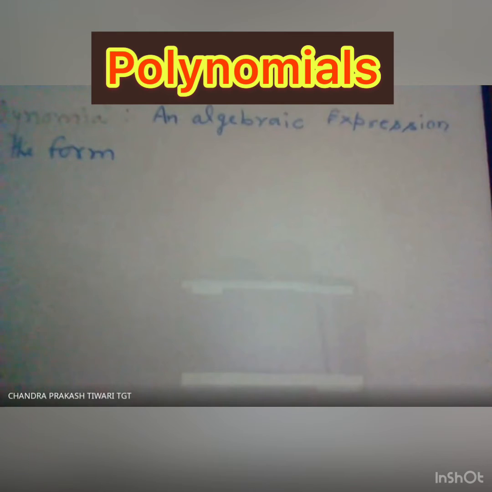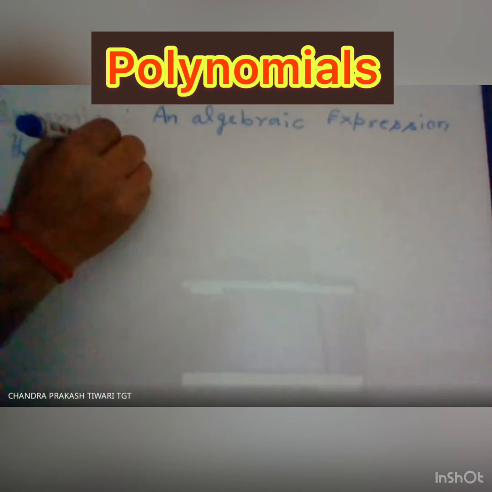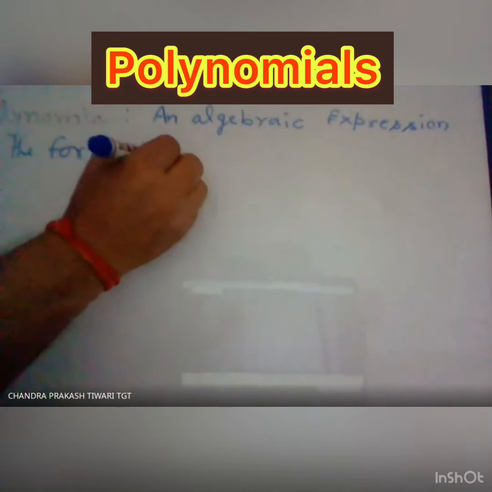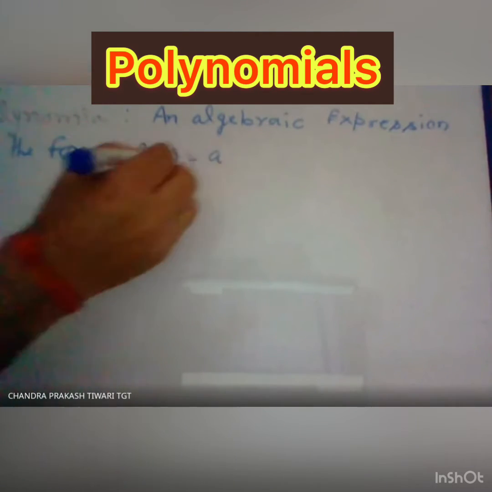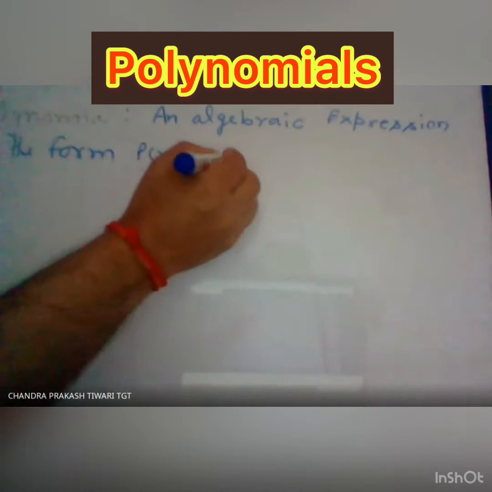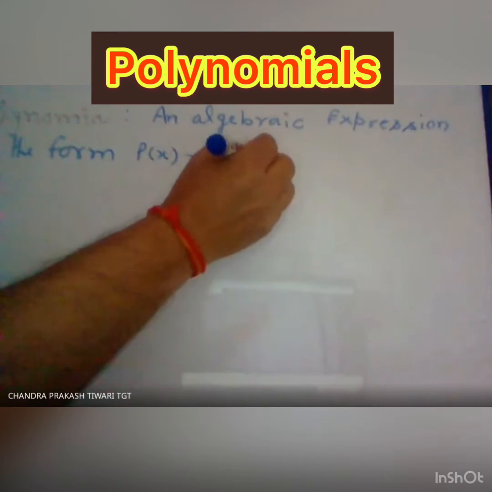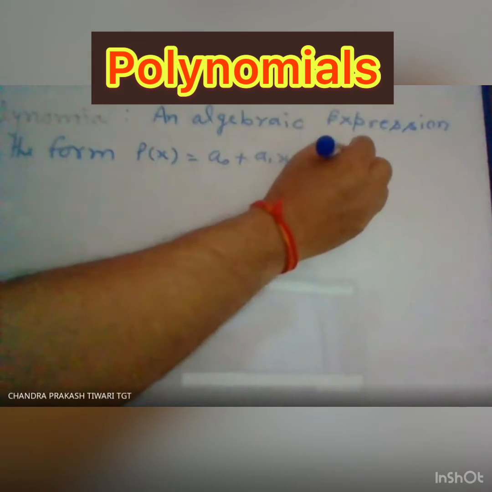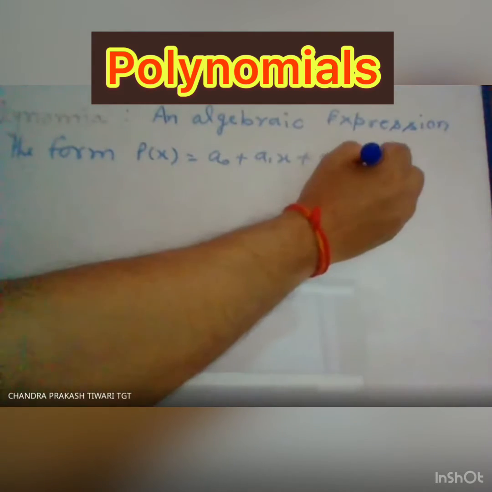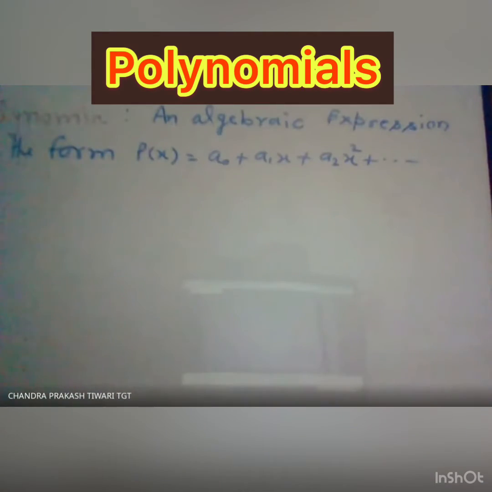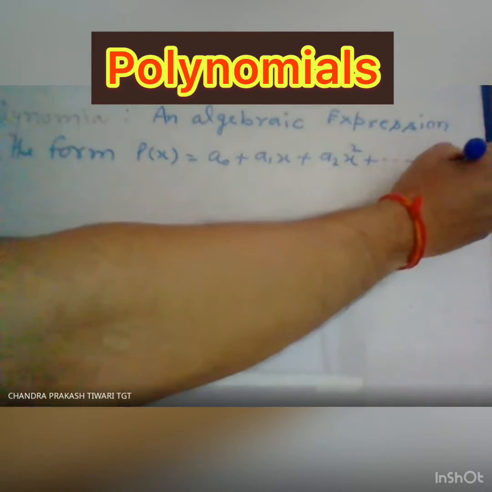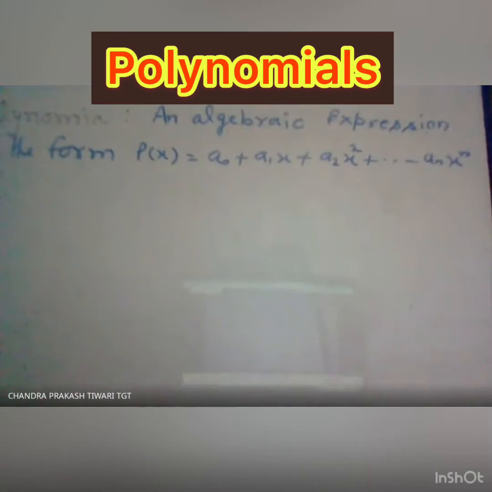And what is the form? It is px equal to a0 plus a1x plus a2x square and so on, after that, an and x to the power of n.